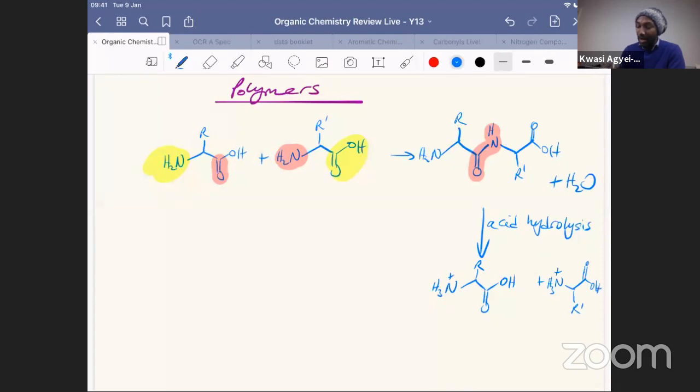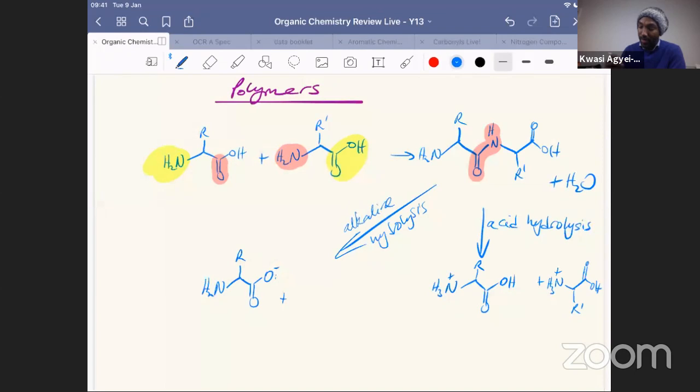Okay, and if you carried out an alkaline hydrolysis, in this instance you would end up with the NH2 group unprotonated, and you would have your R group, and because you've got alkaline conditions, the carboxylic acid group is deprotonated, so you've got a carboxylate group.